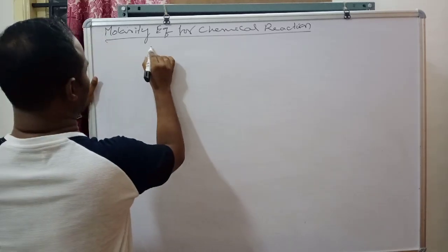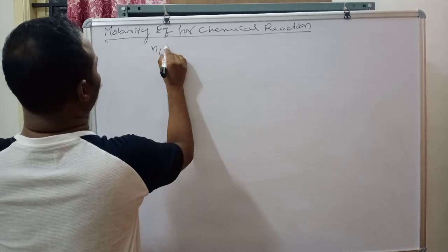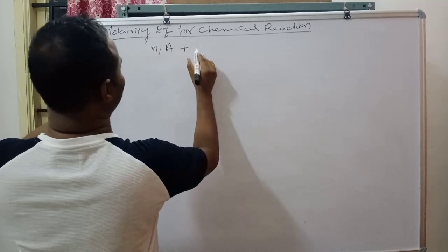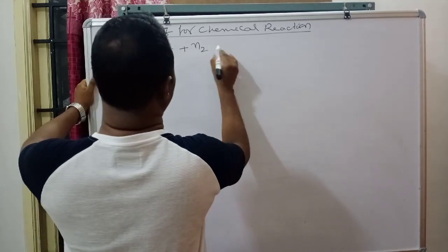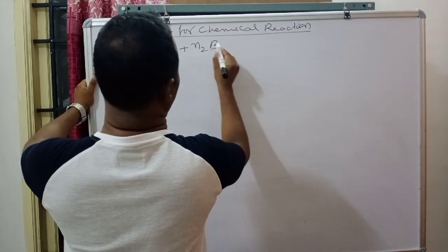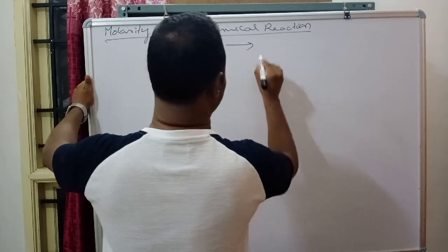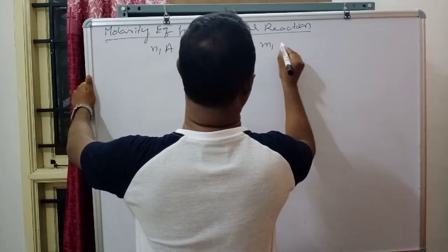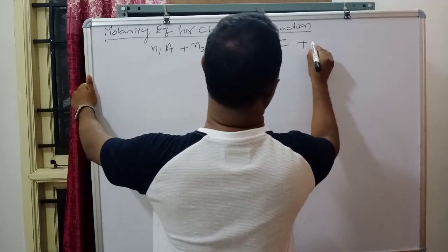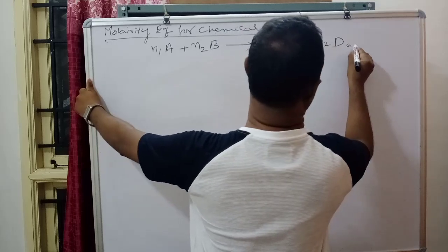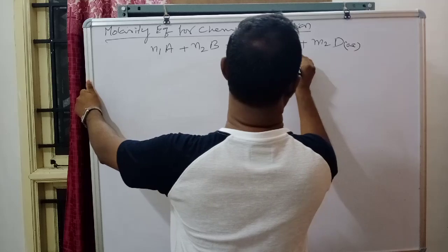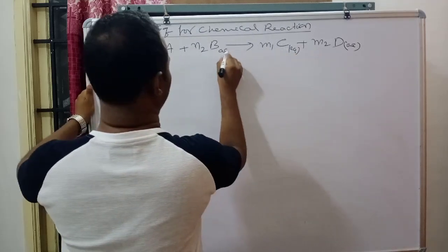For example, N1 moles of reactant A react with N2 moles of B to give M1 moles of C and M2 moles of D. Consider all to be aqueous solutions.